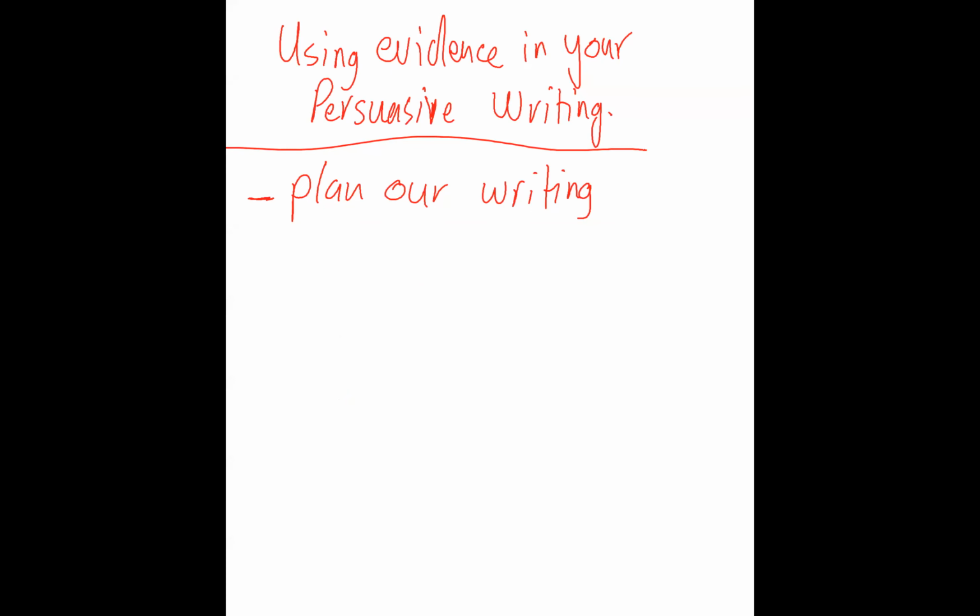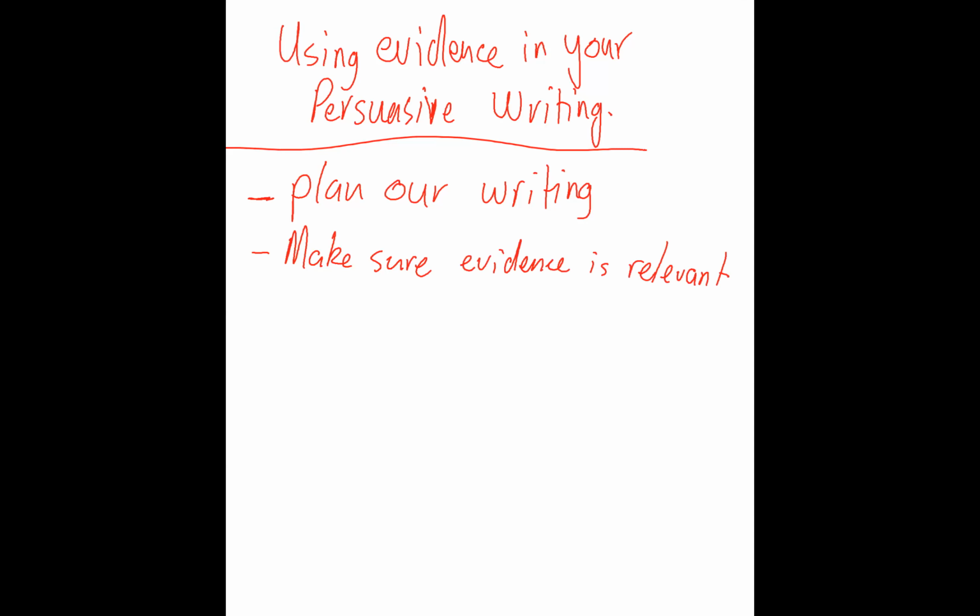Good. So another thing to do is make sure the evidence is relevant. The worst thing we can do is present a bad bit of evidence when it comes to persuasive writing.